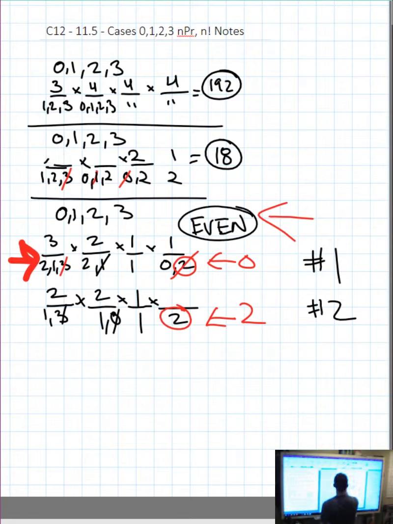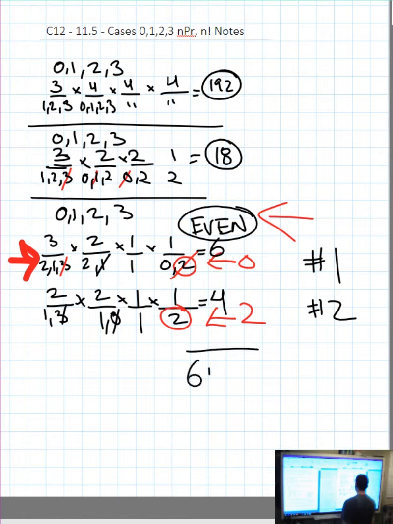Something above just happened. I'm just going to correct it really quickly. 3 times 2 times 1. And then again, a 2 last: 2 times 2 times 1 equaling 4. The top one equaling 6. And we can add our cases together for a total of 10.